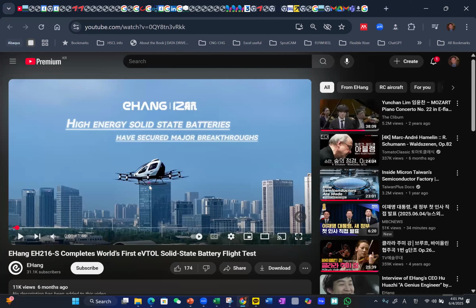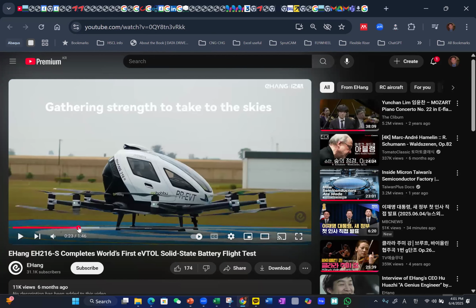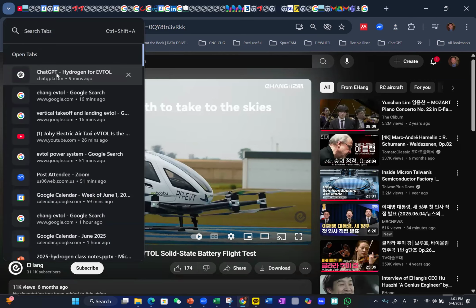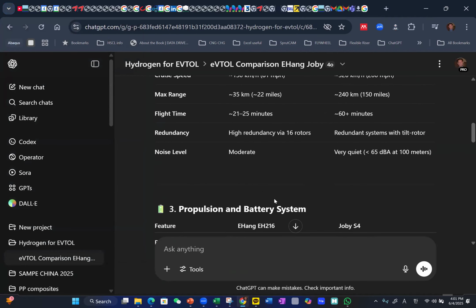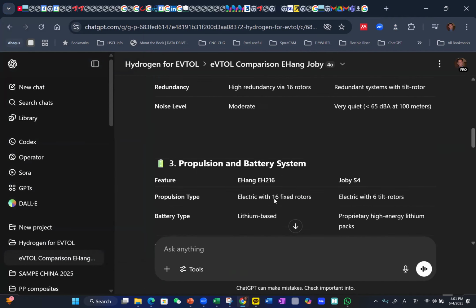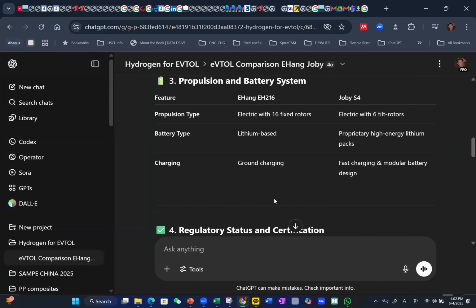We have a separate motor system, top and bottom. So this is also important. That's why we have a 16 motor system. 16 fixed rotors, whereas this is the 6 tilt rotors.